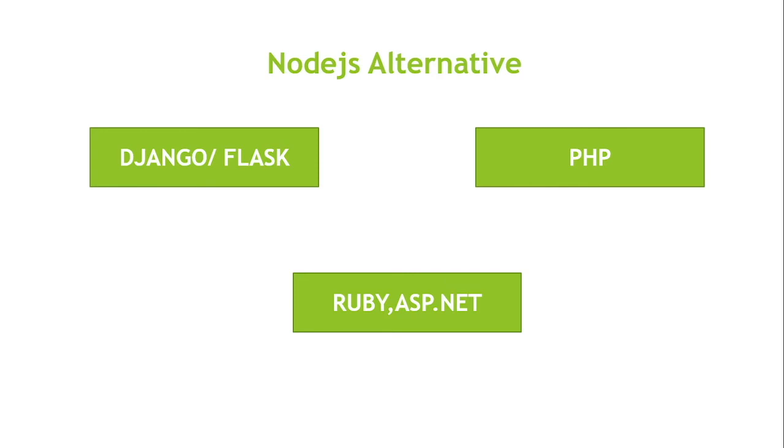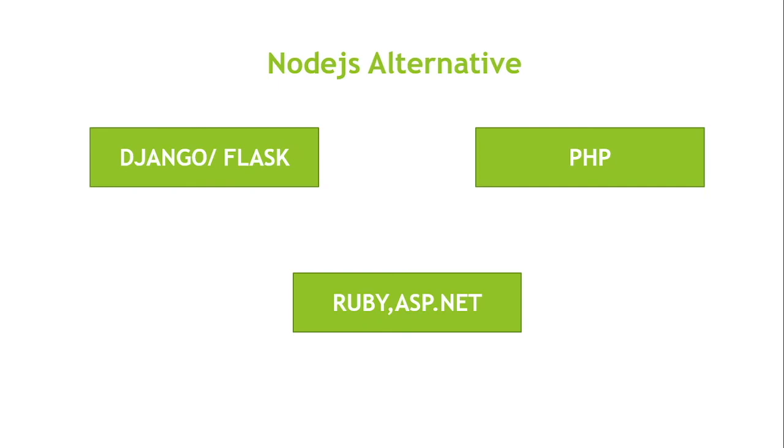So these are the alternatives to Node.js. But why should we learn Node.js? The biggest advantage of Node.js is that it uses JavaScript. The JavaScript which you learn in the front end, you don't have to learn anything new to create a server. You just have to write code in JavaScript, and then you can work with Node.js. This is the biggest feature: you don't have to learn any new programming language.